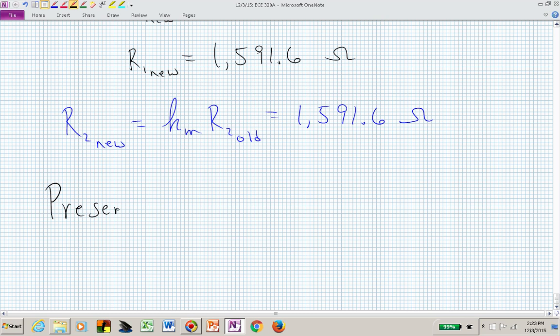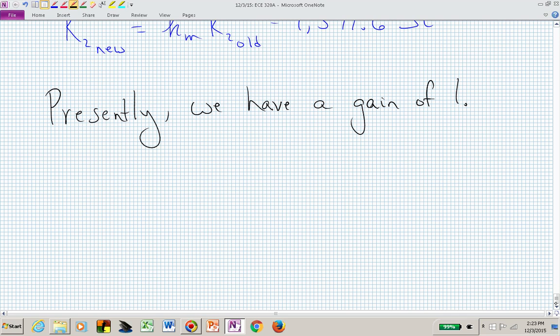Presently, in our system, if we stopped right now, we have a gain of 1, since we didn't change that yet, and that's going to be influenced by the choice of R1 or R2.